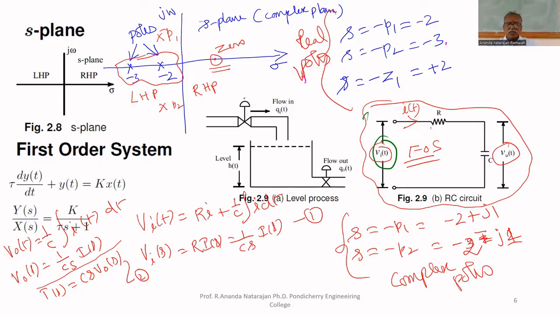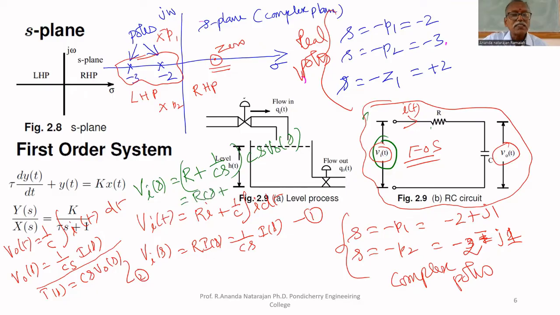What you will get is Vi of S equal to R plus 1 upon CS, multiplied by CS V naught of S. If we simplify this, what will we get?